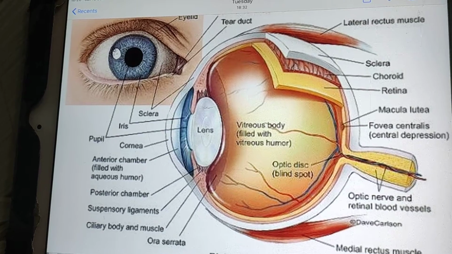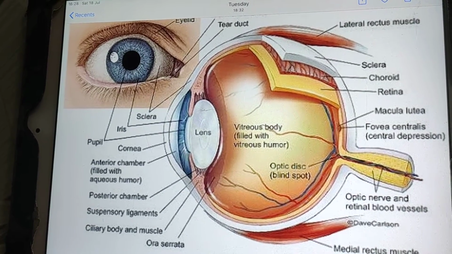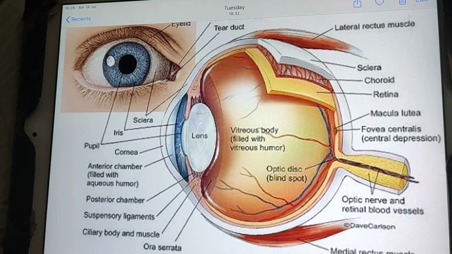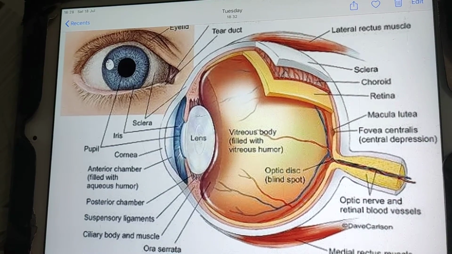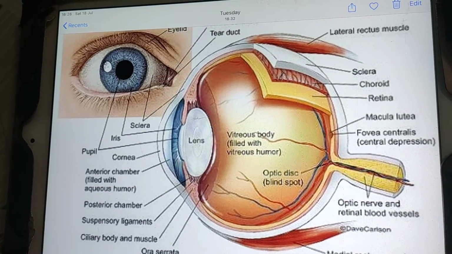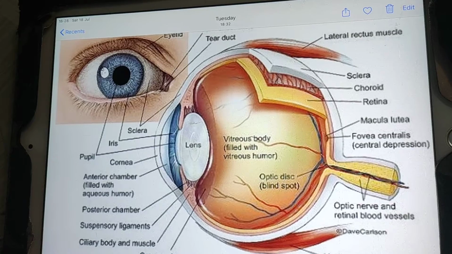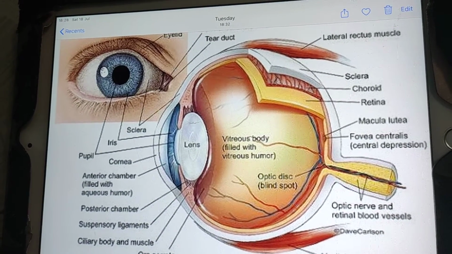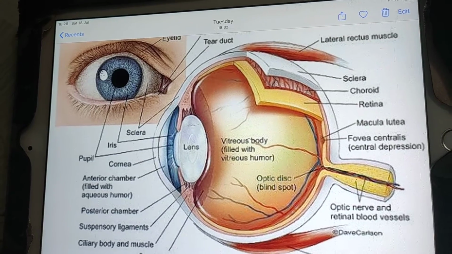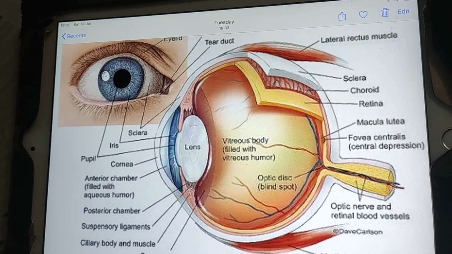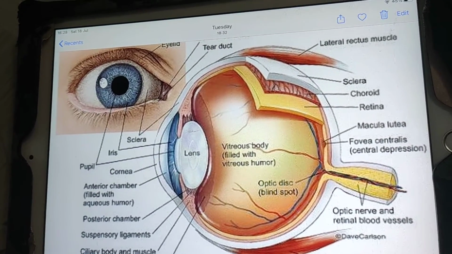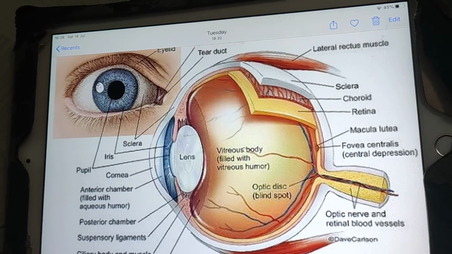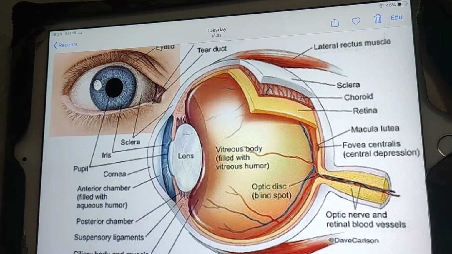Because a camera works like lenses, focusing light onto film. And in our eye, the cornea and lens of the eye are the same as the camera lens, and the retina of our eye is like the film.